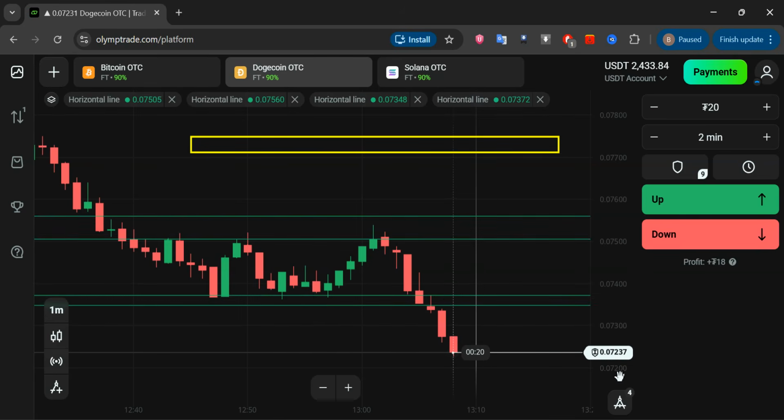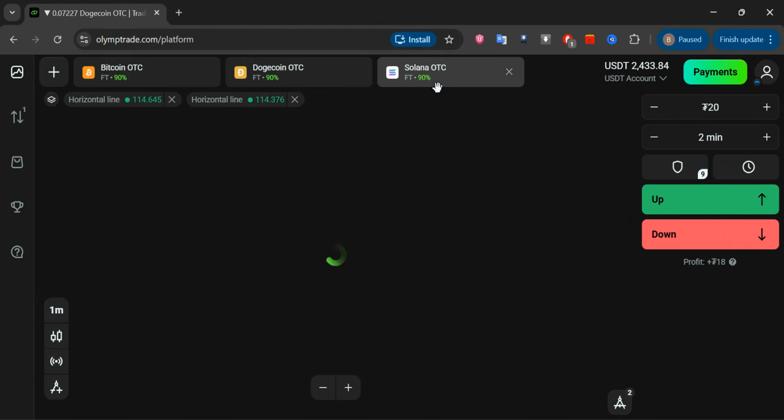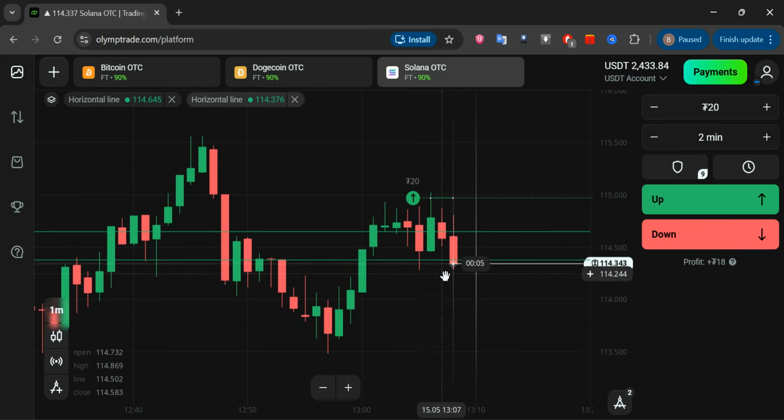We missed this opportunity, but no problem. So we've lost this trade. I expect the buyers could move more higher, but they could not.